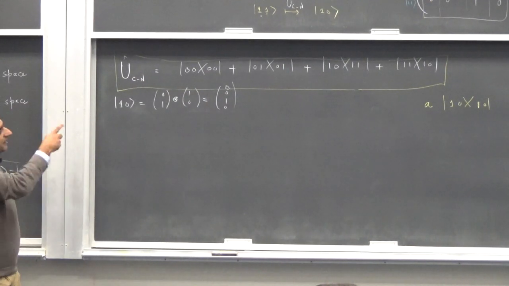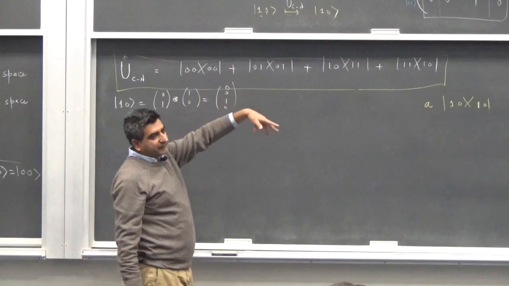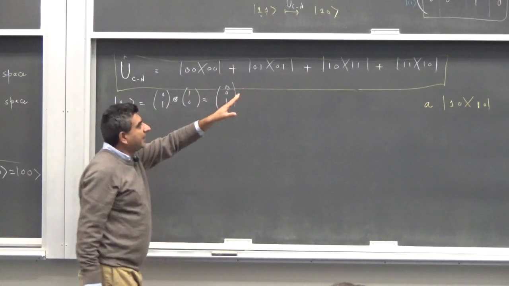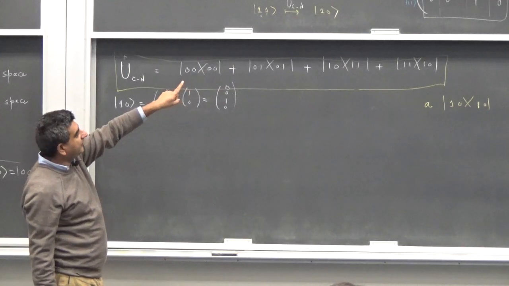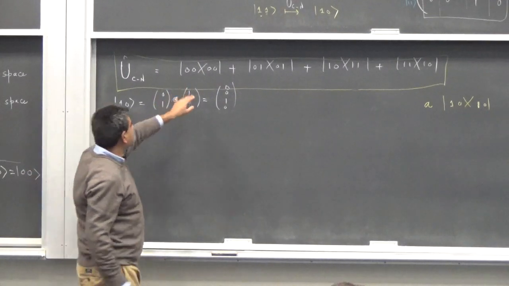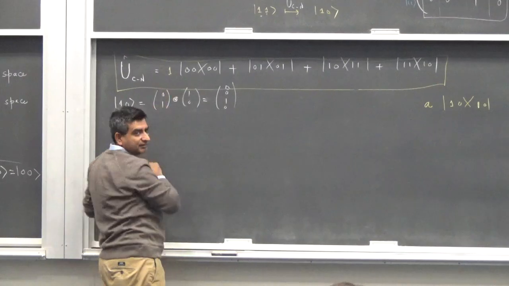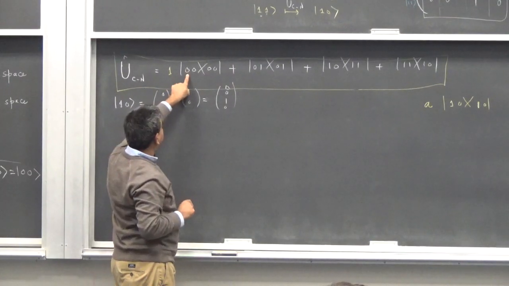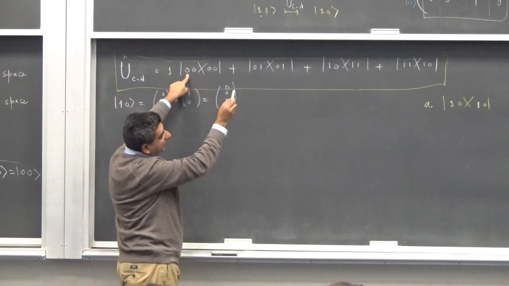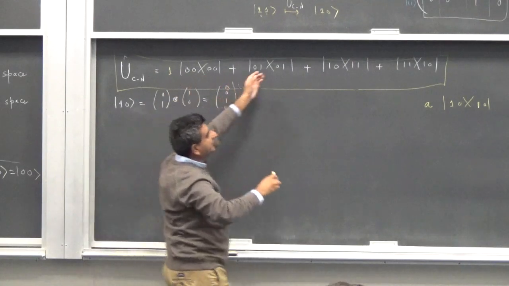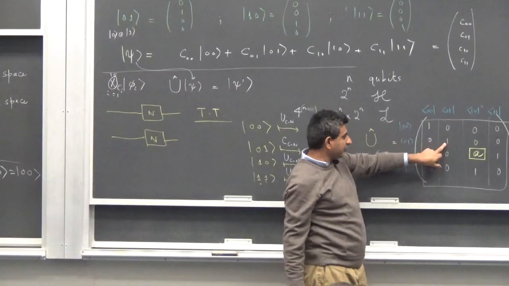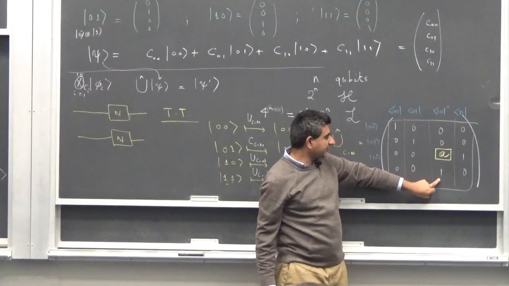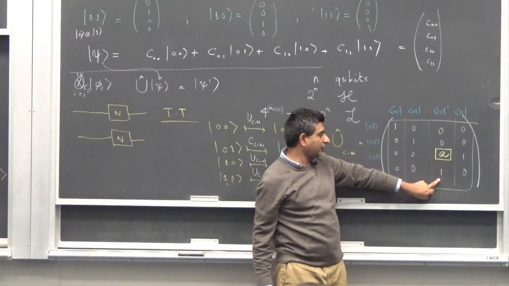But you just look at the matrix. There are zeros everywhere. You just pick the elements which are non-zero. So the top left is 1 here, so corresponding to that there is a 1 here. And how do you write the outer product? I look at the ket. This is in the first row, first column. This is in the second row, second column. This is in the fourth row, third column.